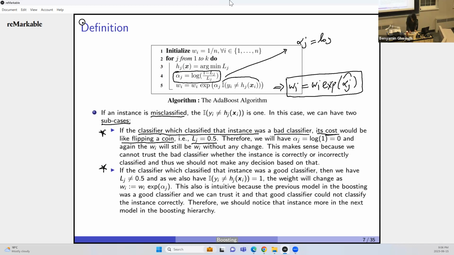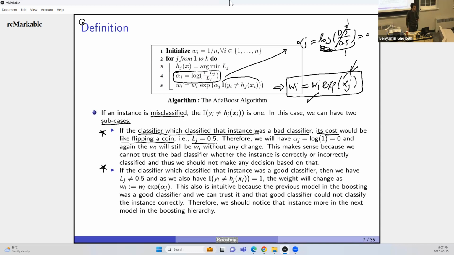Alpha j becomes log of half over half. This is 1. Log of 1 is 0. Do you agree? What does it mean? Alpha j here becomes 0. Again, e to the 0 is 1. It means that wi is not updated. Interesting. So although it was misclassified, as it was a bad classifier, I don't decide based on that. I don't change the weight.